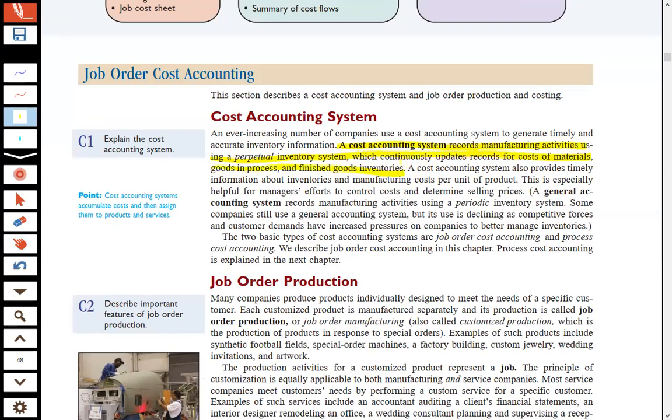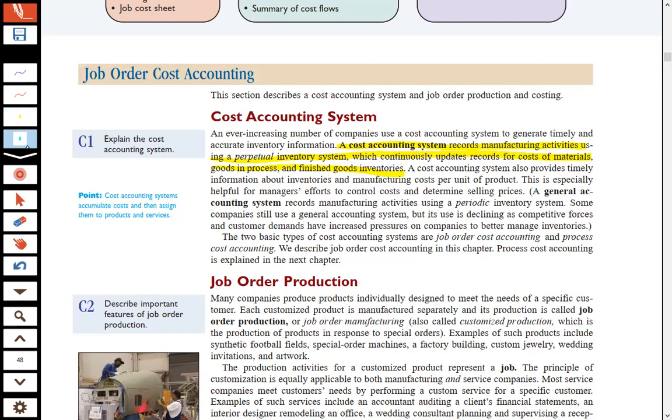That is, a separate account is maintained for all the jobs and all the orders, and in each job there would be separate accounting or separate recording of material associated with that job, labor, and overheads.